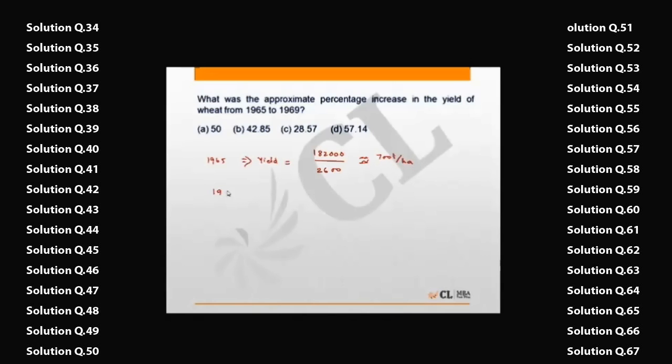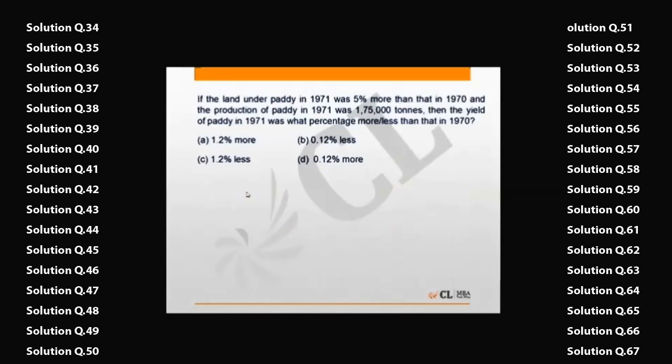Now in 1969, the yield is 1000 tons per hectare, which is how we get it, 3025,000 tons divided by 3025. So from 700 tons per hectare, it has moved to 1000 tons per hectare, which is approximately a 40% increase. So the closest choice here is choice B, hence the correct answer is B.